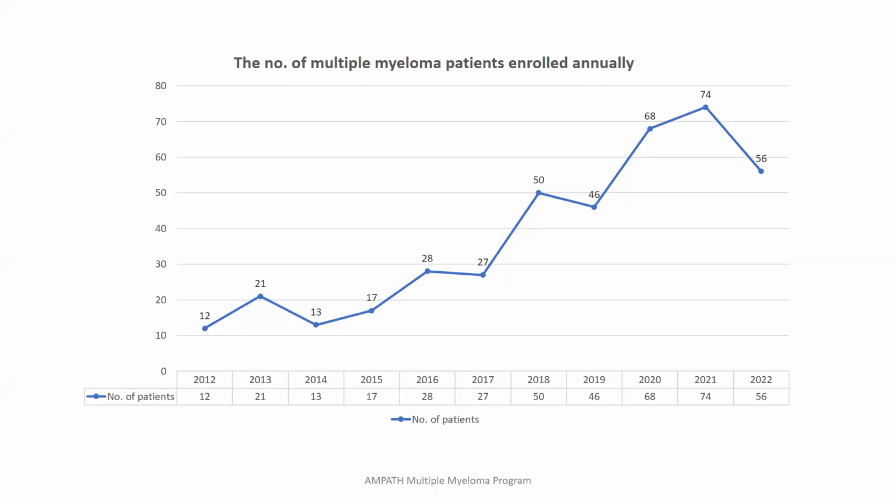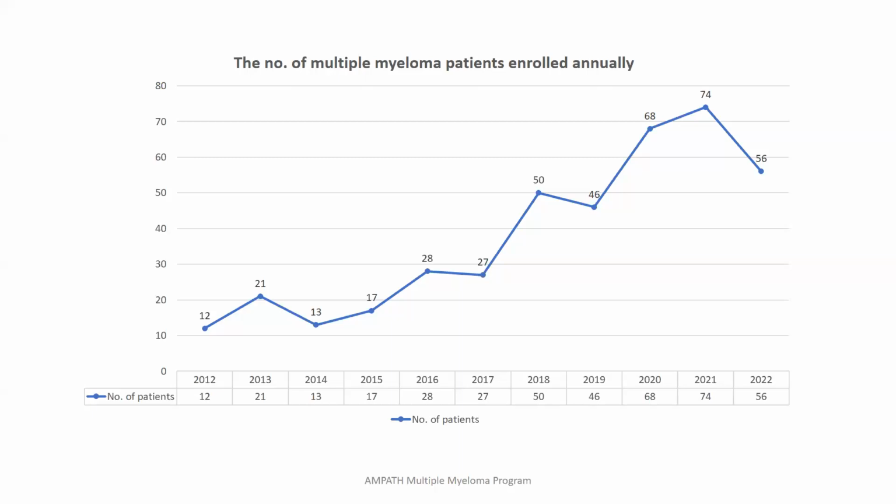And some of them probably just come in for their monthly hematology reviews. So capacity is improving, but this is still not enough. More needs to be done in terms of, when you look at the total number, which is not captured here, over the past decade, we've had almost more than 500 patients transitioning through the program.